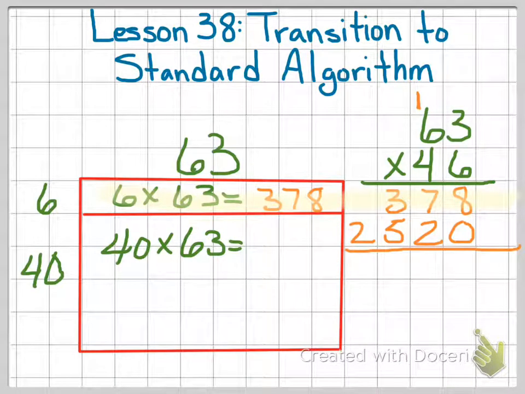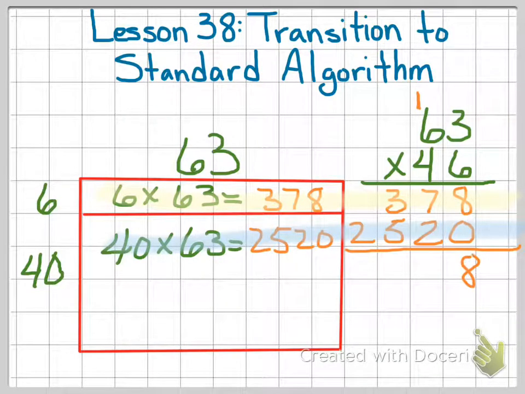And I'm going to add the area of my two rectangles together to give me the total area of the figure.